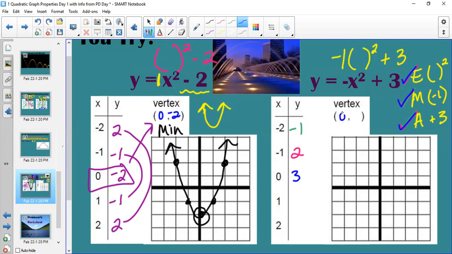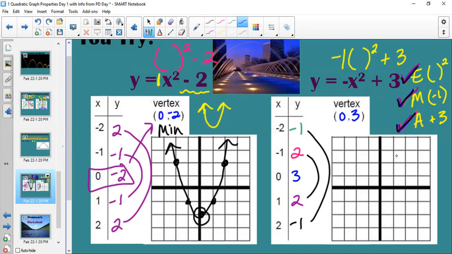And this matches our vertex that we know is 0, C. So that's good. All right, let's plug in 1. 1 squared is 1. Multiply it by -1 to get -1. Add 3 to get 2. And last one, we have 2. 2 squared is 4. Multiply it by -1 to get -4, and add 3 to get -1. See a rainbow pattern? That's always a good sign.